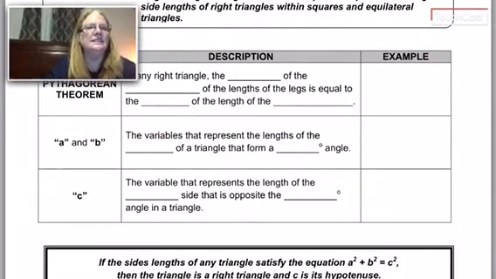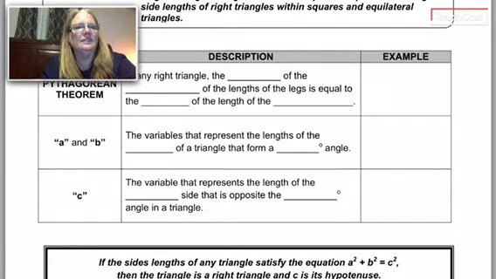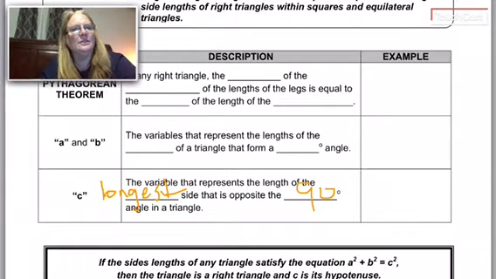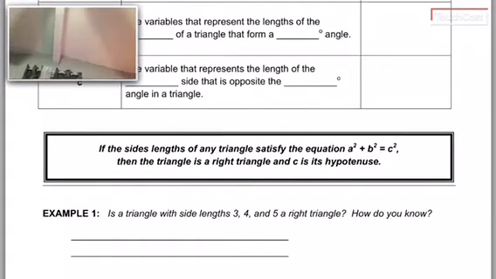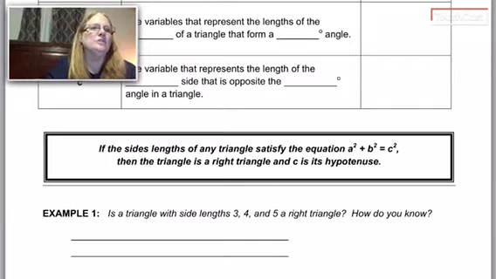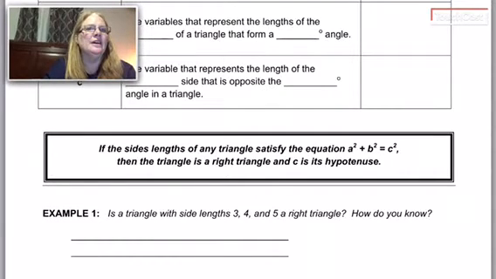And c, again, is the variable that represents the length of the longest side, and it is opposite the 90-degree angle. So, if the side lengths of the triangle satisfy the equation a squared plus b squared is equal to c squared, then the triangle is a right triangle and c is its hypotenuse.